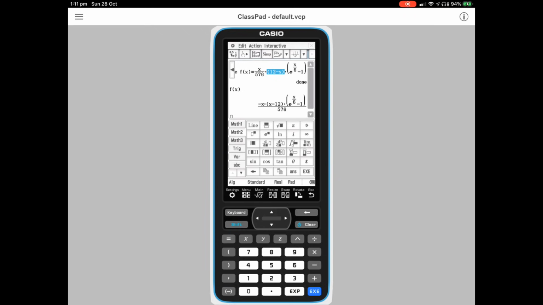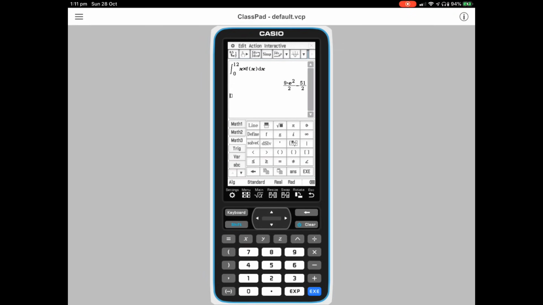Okay, so we want to integrate from 0 to 12 x times f of x dx.